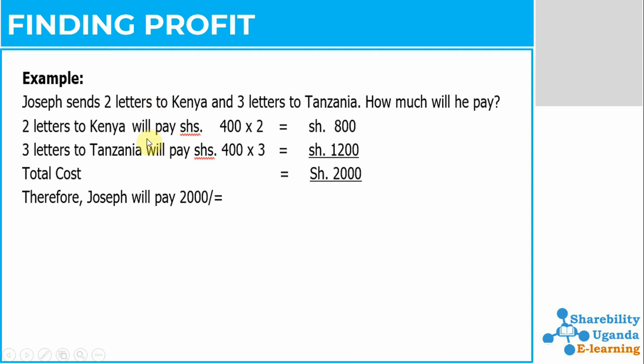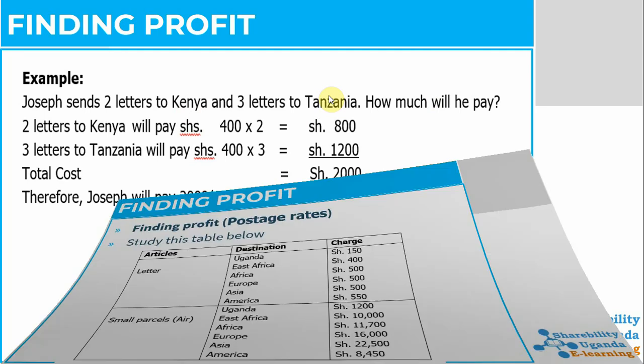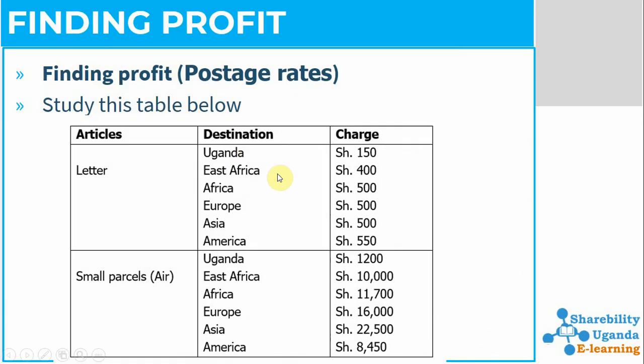You can now understand. When we look out for the destinations, we have to understand where Kenya lies, where Tanzania lies, and in the letters. Let's see how to be critical and read the table that is given. When you look at letters, I have the destinations.